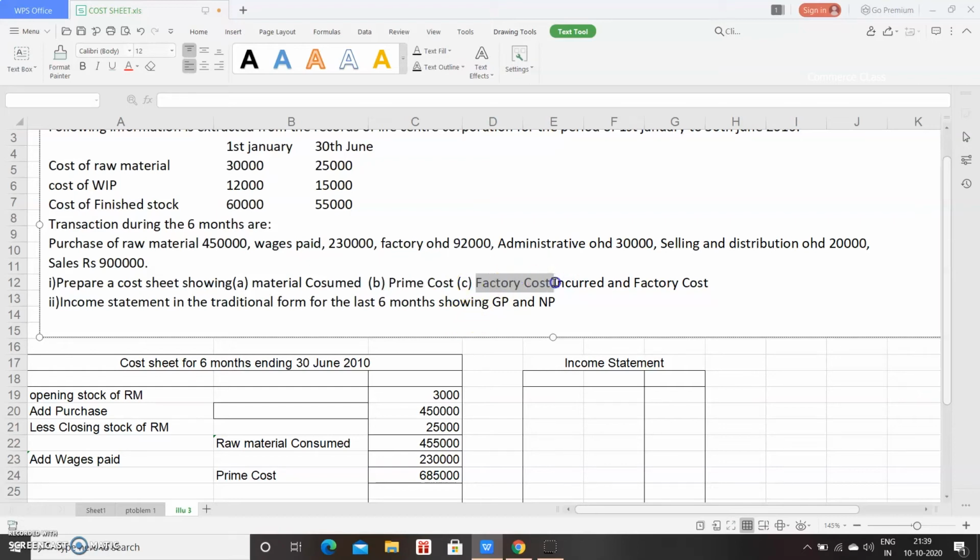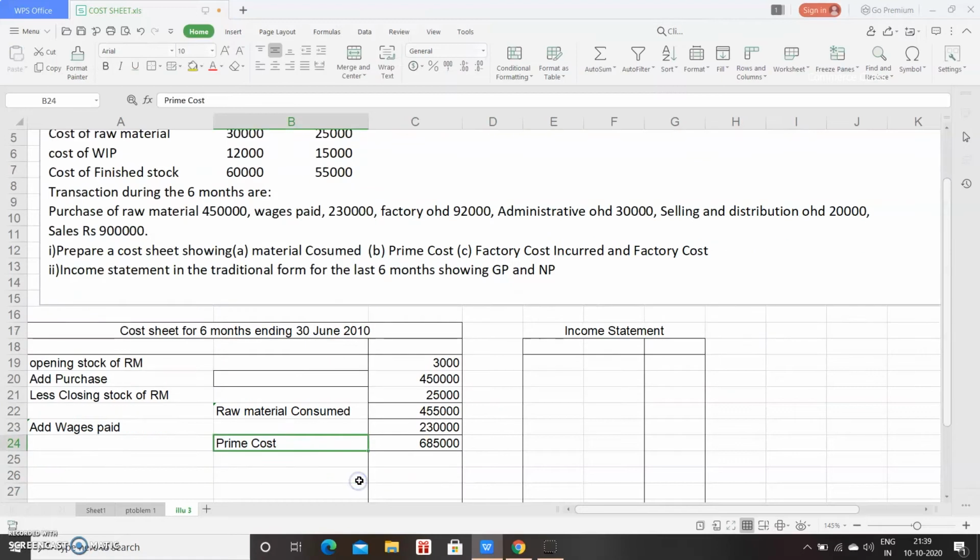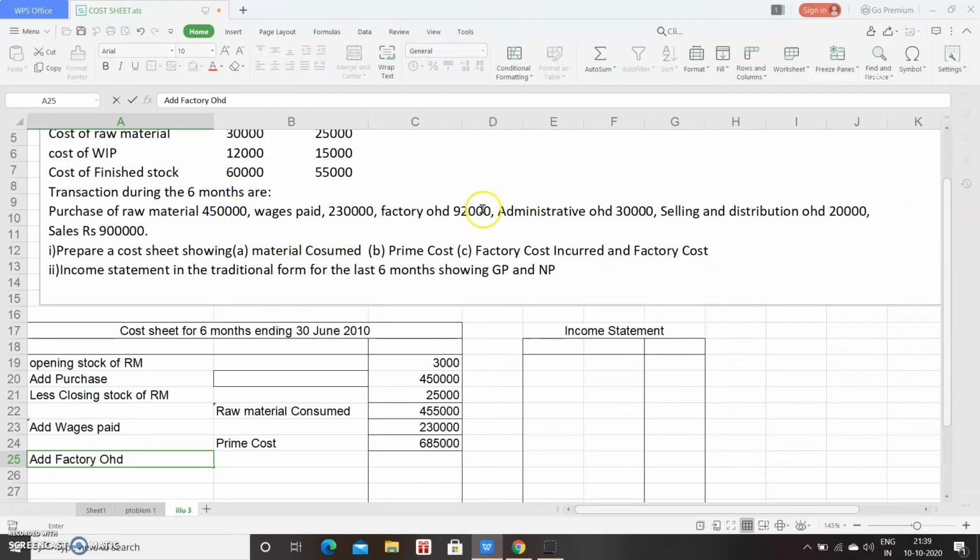Now we'll find out factory cost incurred or gross factory cost, and factory cost. With the prime cost we will add factory overhead. Factory overhead is given at 92,000.